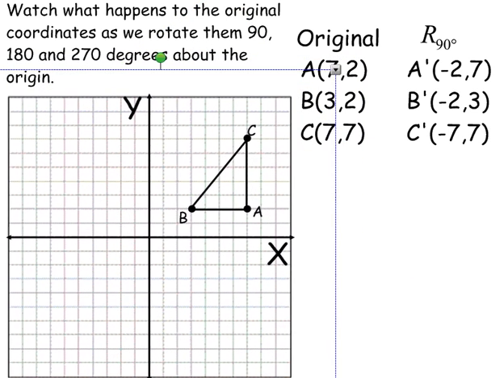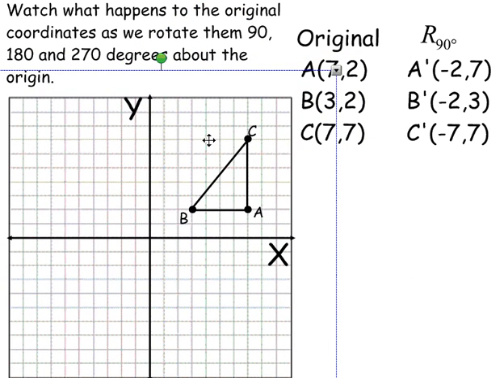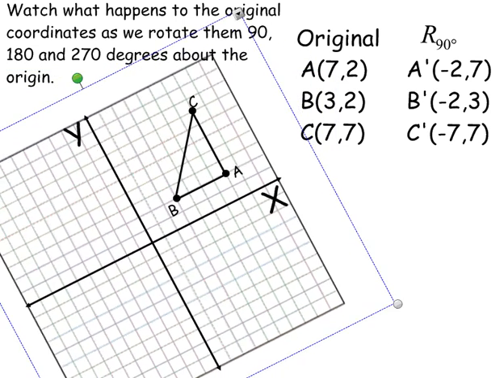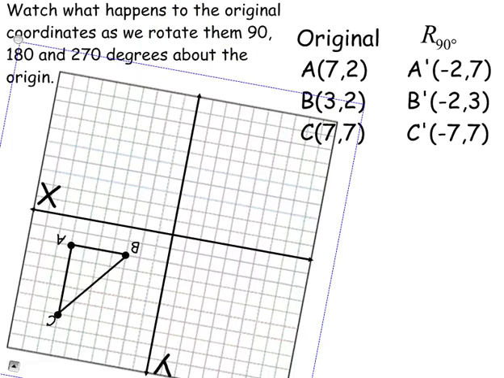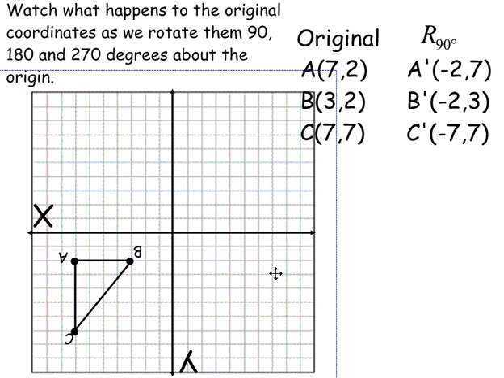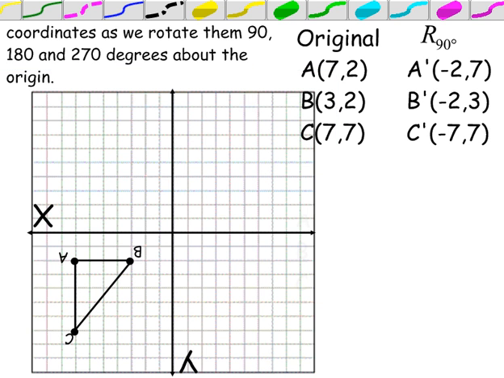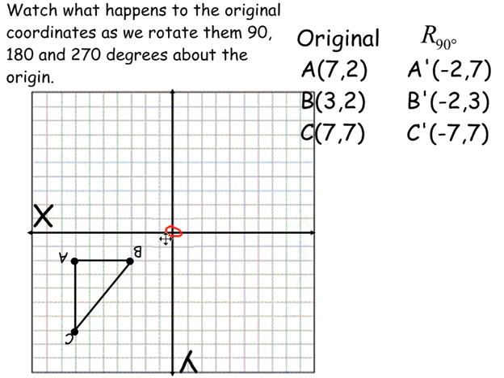And what I'm going to do now is rotate the points 180 degrees. So that's 90, and one more turn like that is 180 degrees. So now again, once you make that turn, this is the x-axis, this is the y-axis, this is the origin. This is -1, -2, -3, so on and so forth.